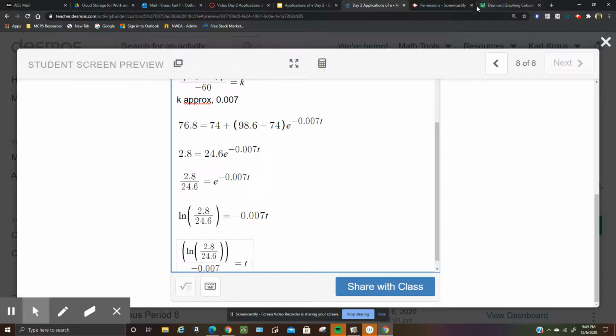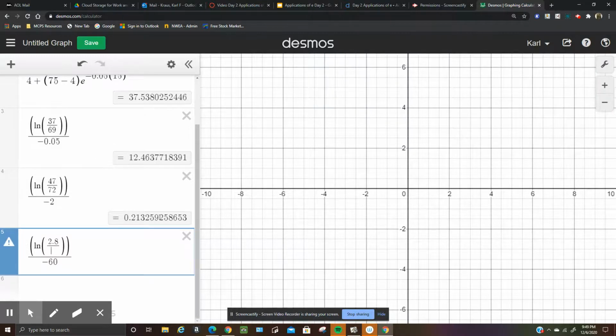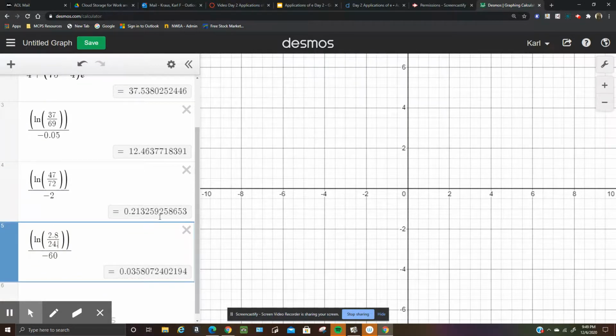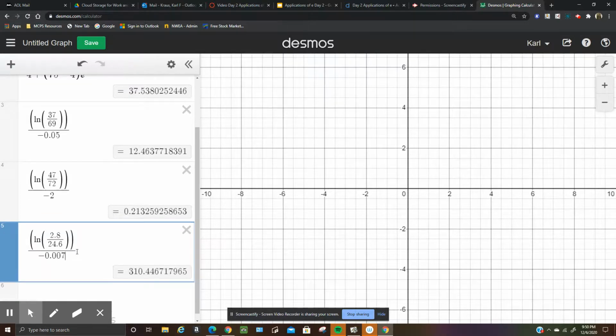All right, so go back to my calculator here. So we're going to use this equation here. Change this to my K value. And you get 310.45 minutes.